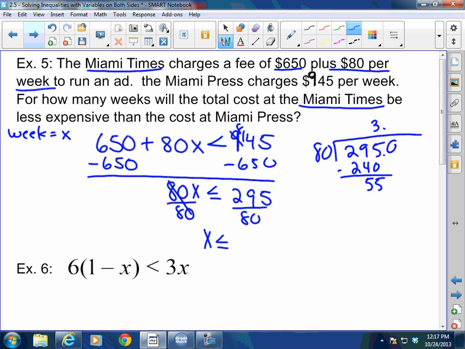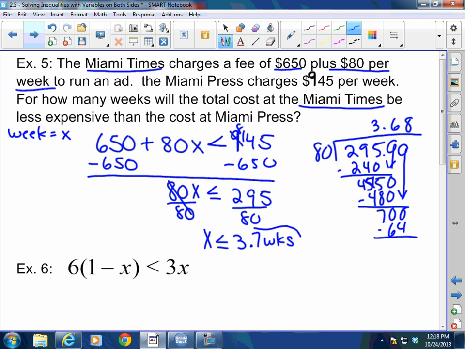Put a decimal, drop down that 0. That's going to go in 6 times, which is 480. Drop down that 0. That's 7. That's going to be 8 times, which is 640, and we can round it right there. So basically, x has to be less than or equal to 3.7 weeks, rounded.